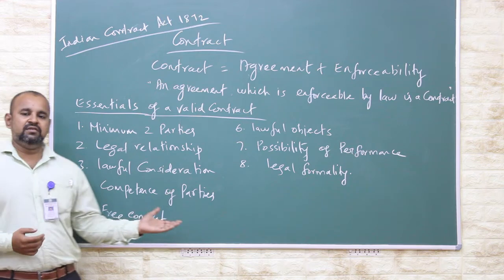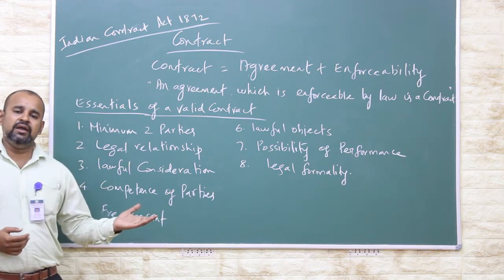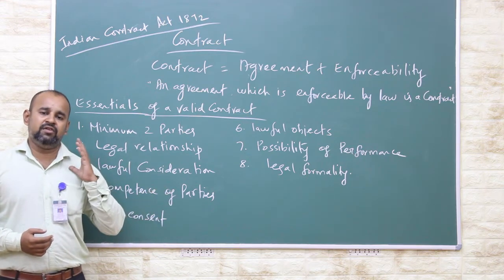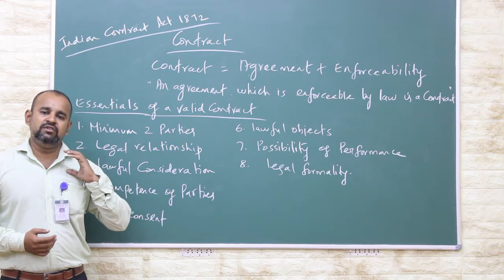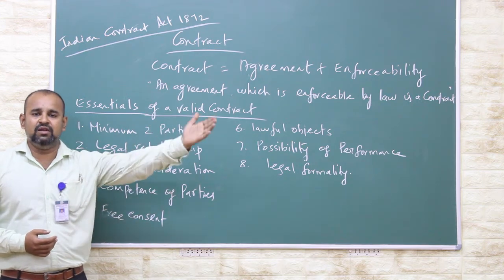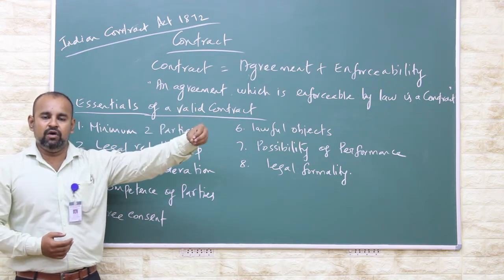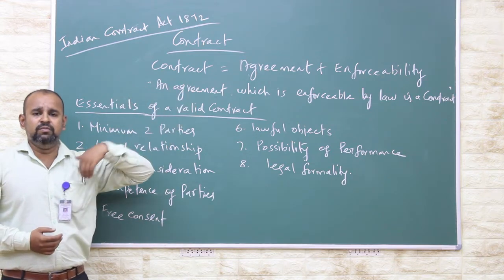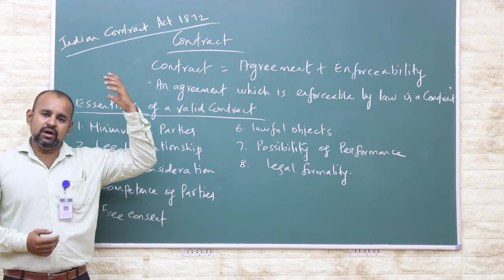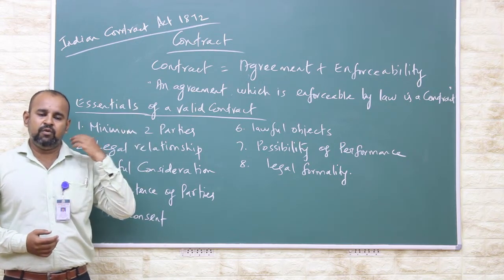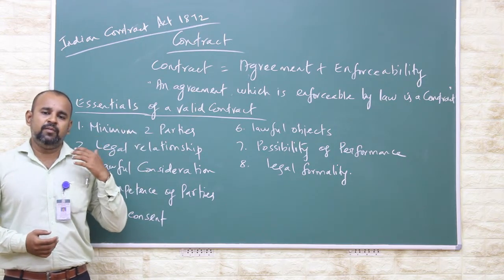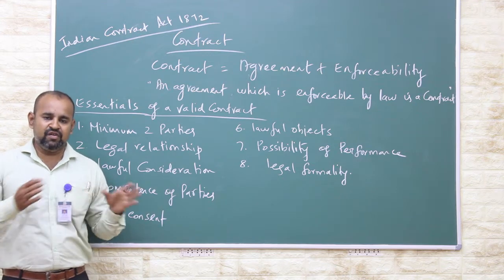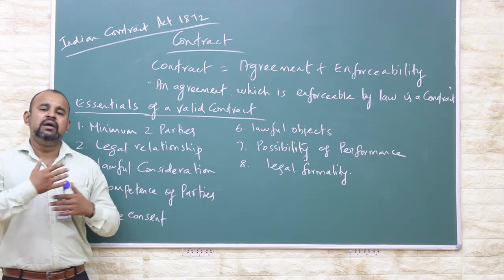And then free consent. Party A should clearly mention the house which he is going to sell to B. And B should also know all the details about the building which he has to buy from A. What about the money? When will the amount be transferred and when will the property be transferred? All the information should be known to each other.